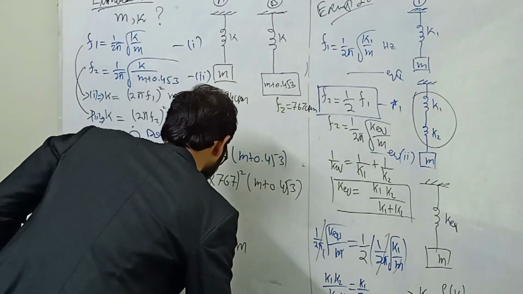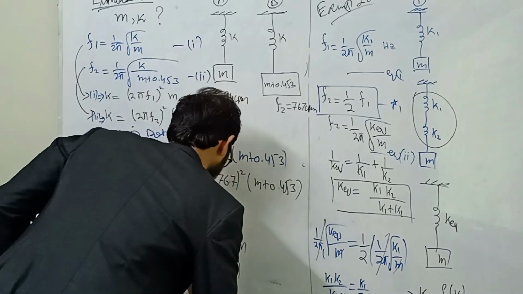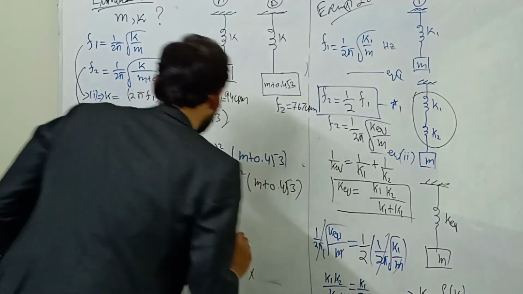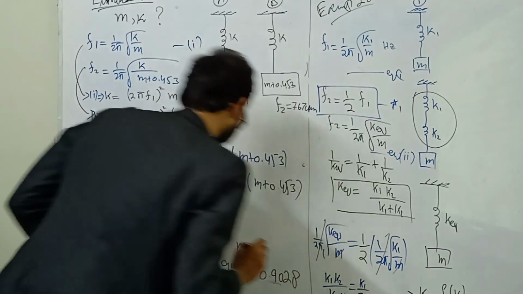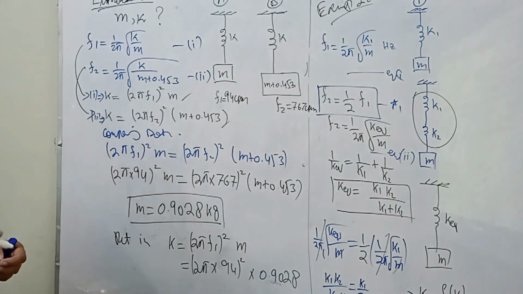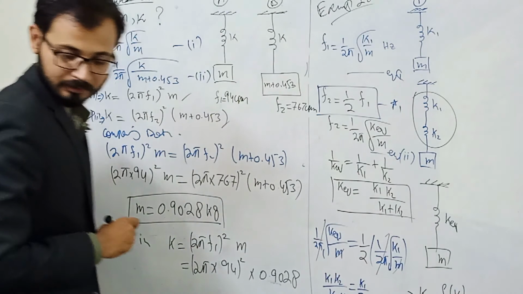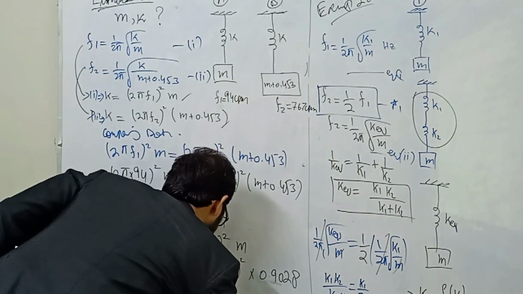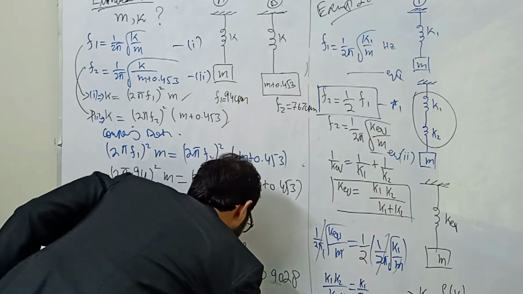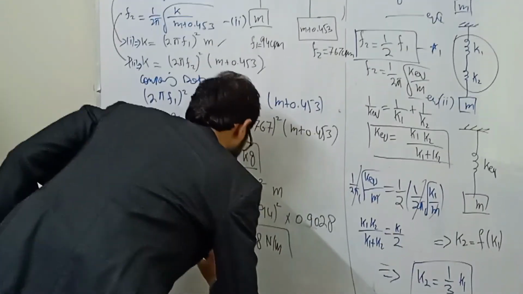So we have 2 pi multiplied by 94 whole square multiplied by the mass, 0.9028, and at the end we have the value of stiffness coefficient as 87.948 Newton per meter, and this is the value of stiffness coefficient.